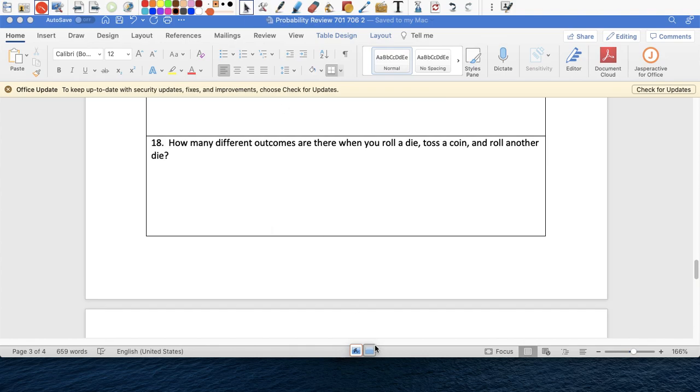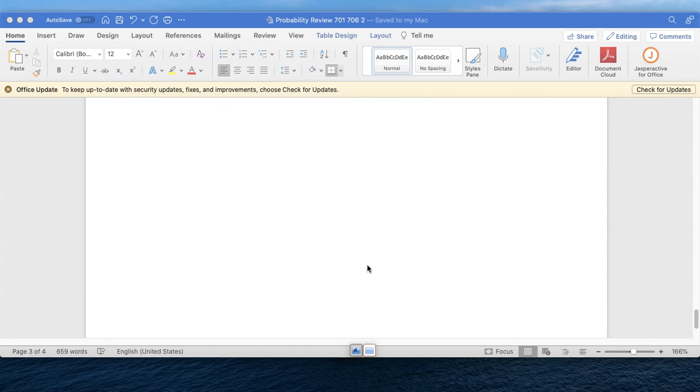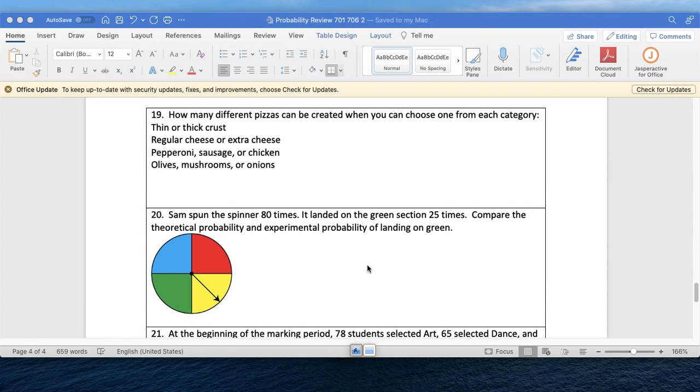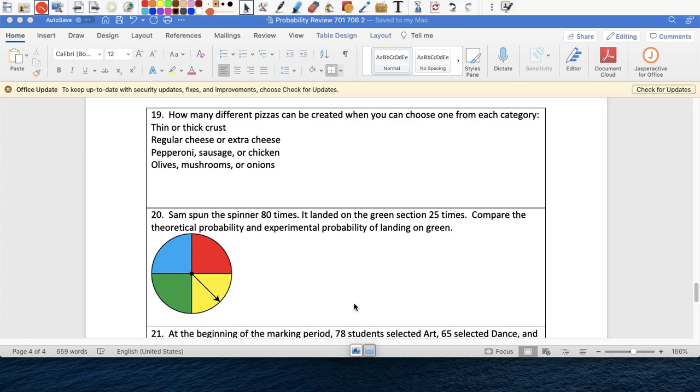All right, 3 more questions. How many different pizzas can be created when you choose one from each category? Pizza: thin or thick crust. You can choose one from this. You can have regular cheese or extra cheese. And then you can choose one from pepperoni, sausage, or chicken. And then you choose one from olives, mushrooms, and onions.